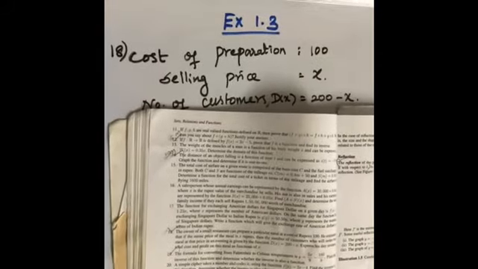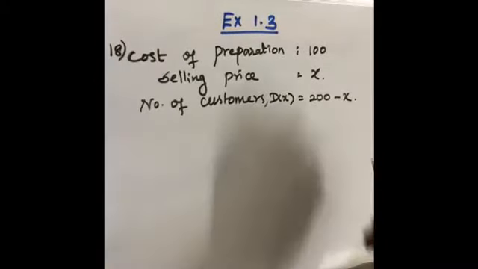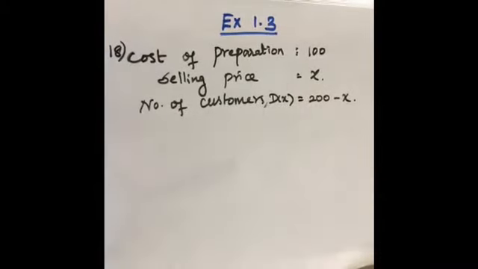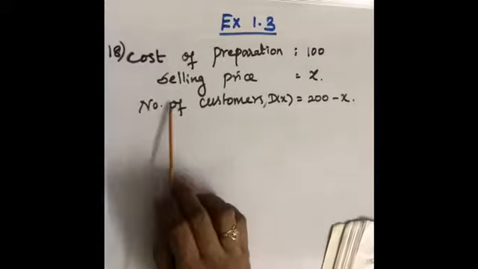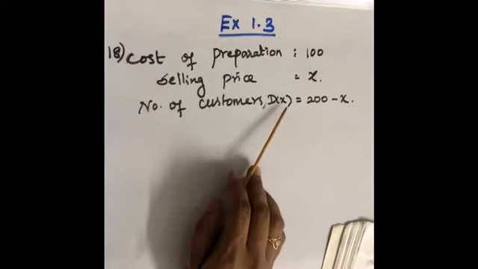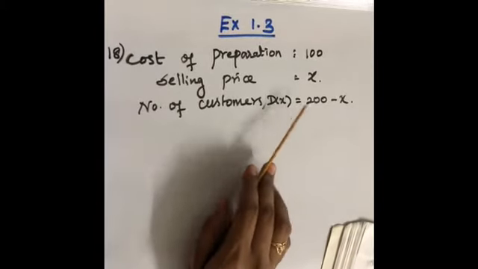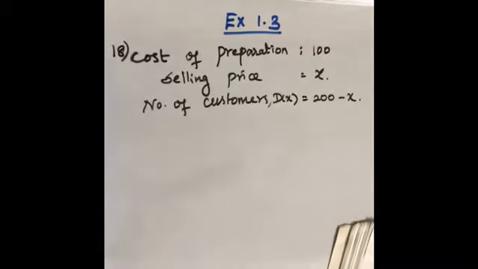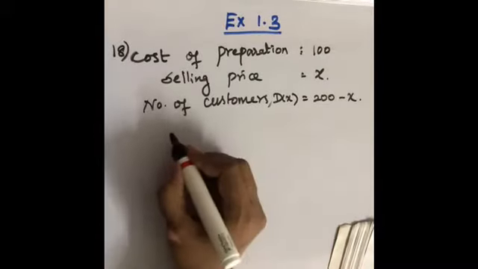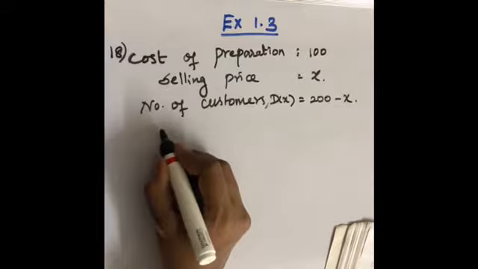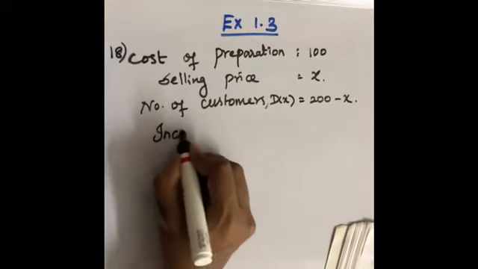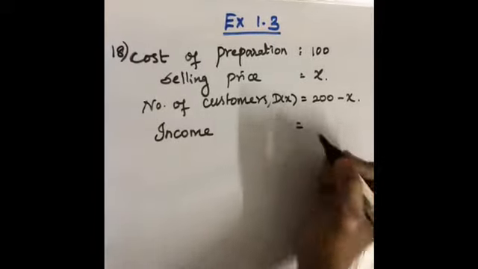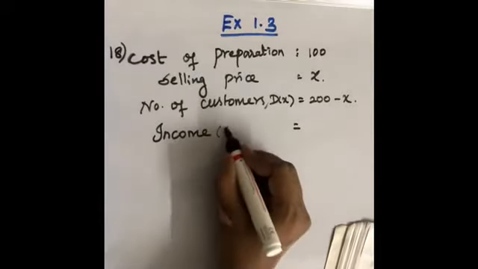Okay. So, cost of preparation is rupees 100 and its selling price is x. Number of customers, d of x, is given in a function, d of x is equal to 200 minus x. So, what is the income? Income or revenue.